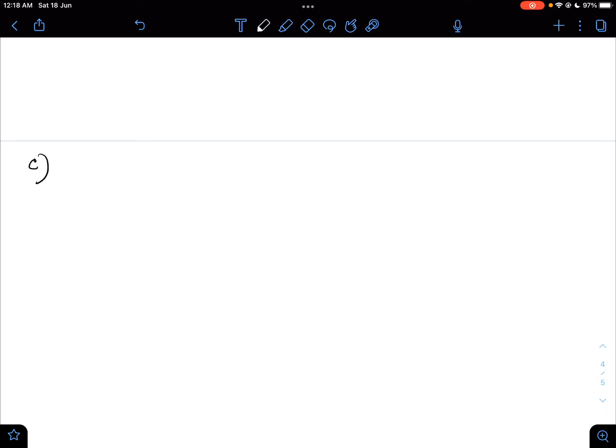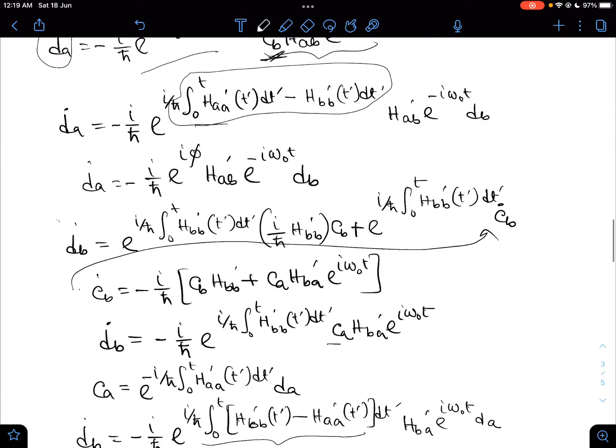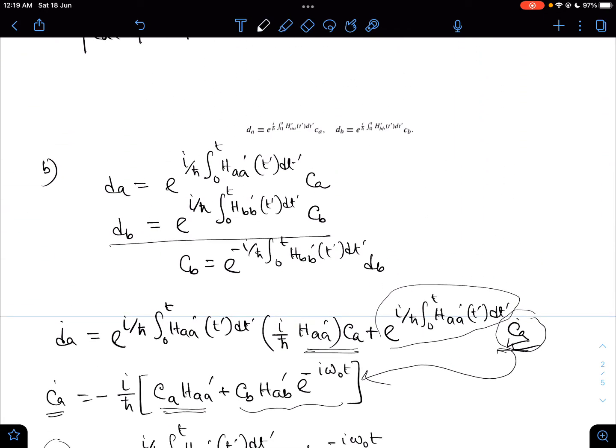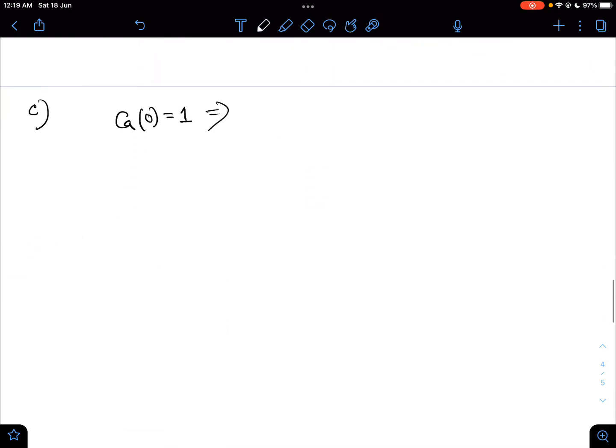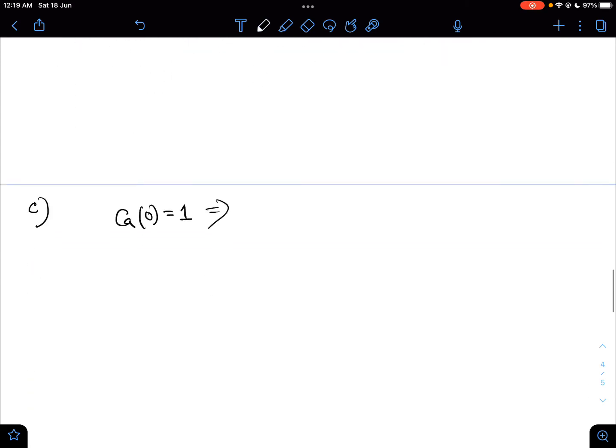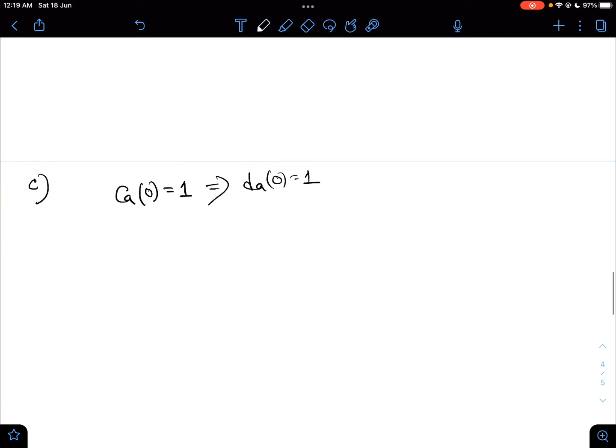So our initial condition is c_a(0) is 1. That will imply our d_a(0) to be 1, and c_b(0) is 0.